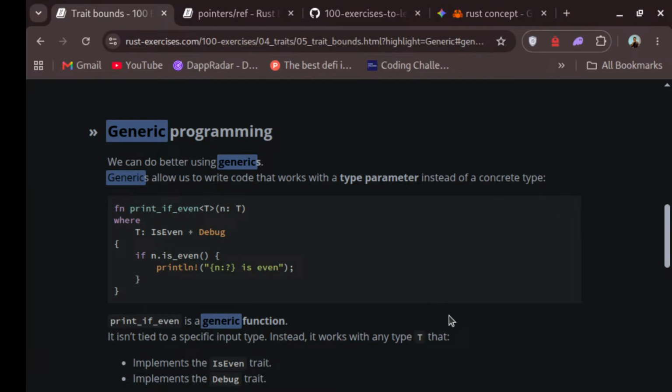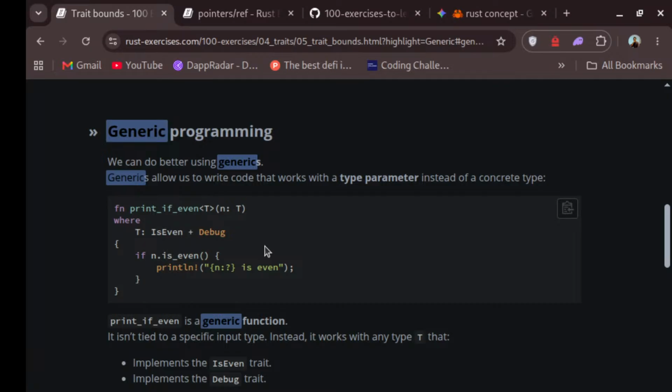Generics allow us to write code that works with a type parameter instead of a concrete type.